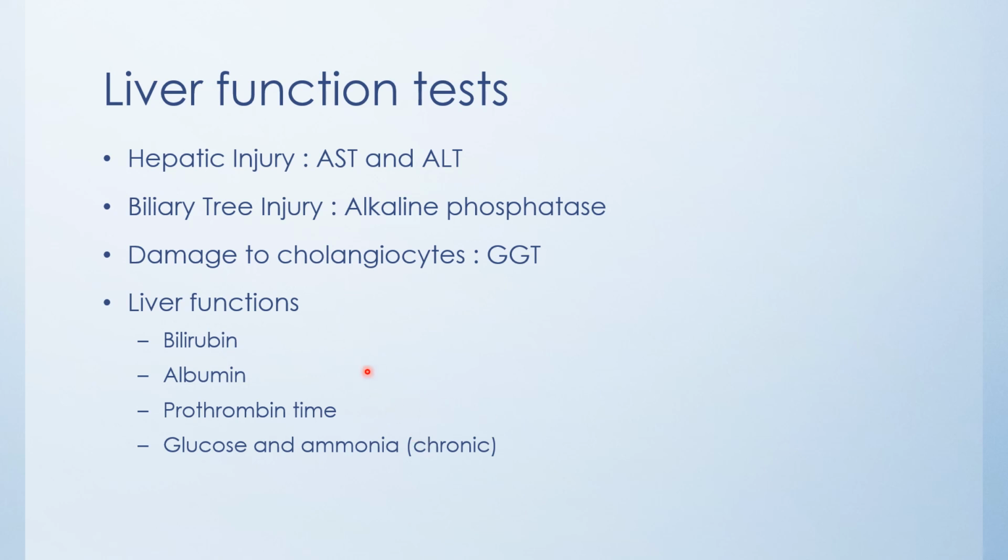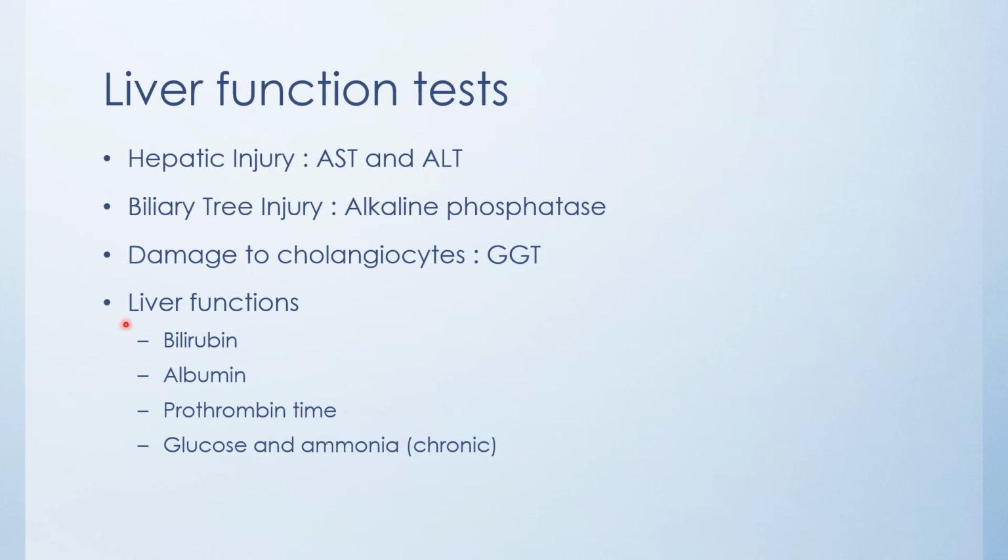So when we ask for a liver function test, we request bilirubin to assess its capacity to conjugate, albumin to assess its capacity to produce albumin, and prothrombin time for the clotting factors.